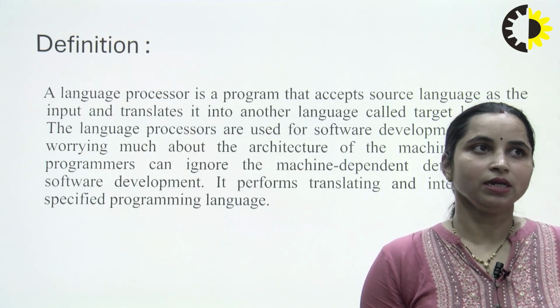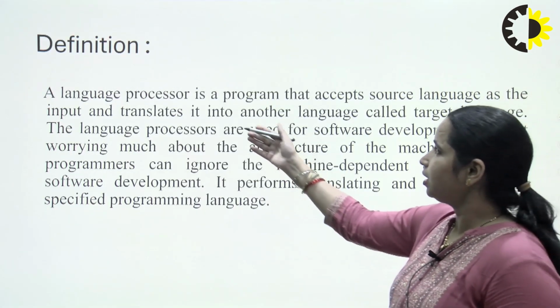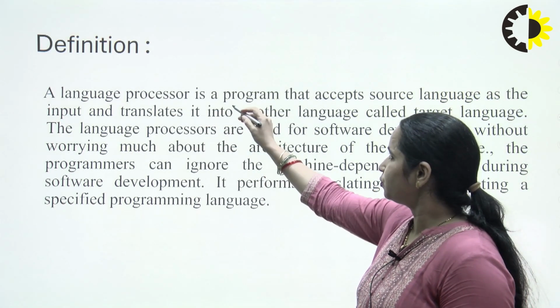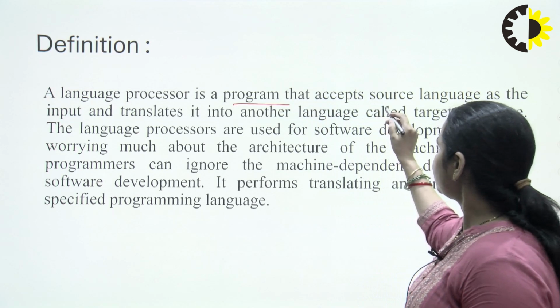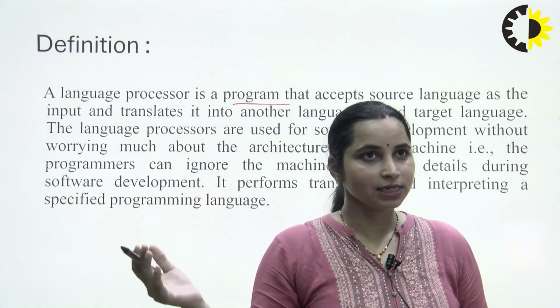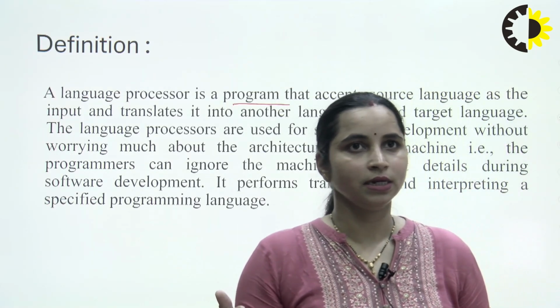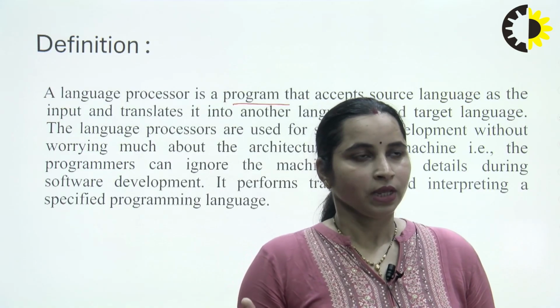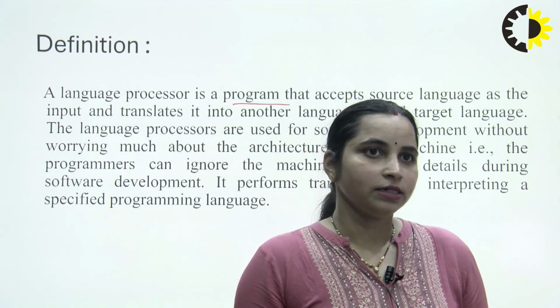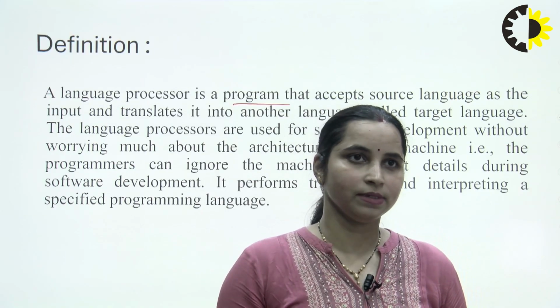So basically, what are the language processors? Language processors are programs that accept source language as the input and translate it into another language, which we can also call the target language. You must be aware that we have some programming languages like C, C++, Java.